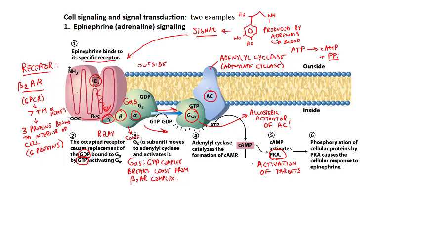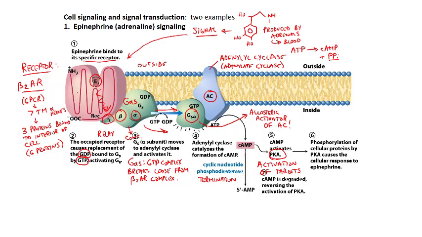And then eventually the danger goes away, and then what happens? We have to terminate, right? So our termination is provided by this enzyme called cyclic nucleotide phosphodiesterase, which destroys cyclic AMP.